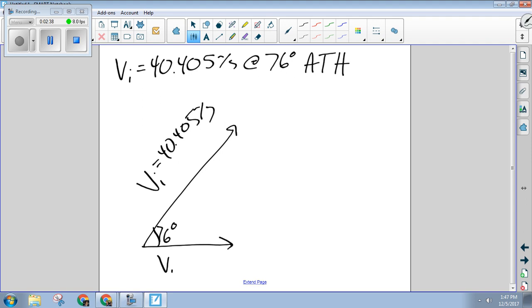Here's your VIX. Here's your VIY. Okay, so notice, this is VI. So this is VIX, as in the x component of my initial velocity. And this is VIY, as in the y component of my initial velocity. Follow? Do you guys agree that I can just do some simple trig and figure those things out? Cool.